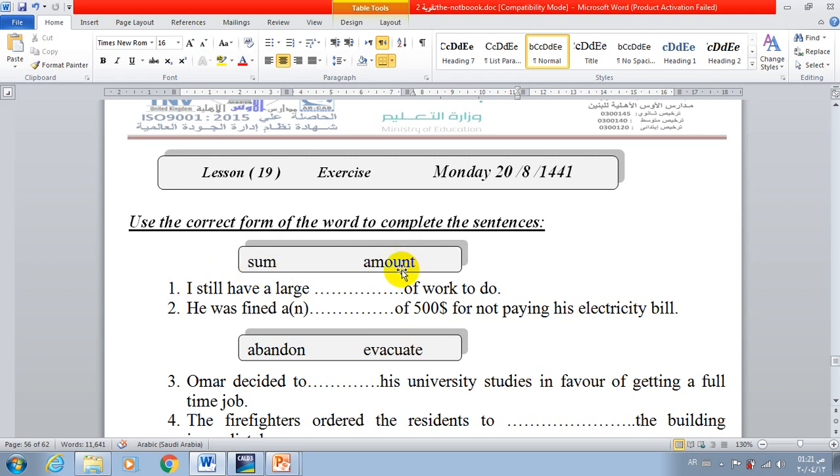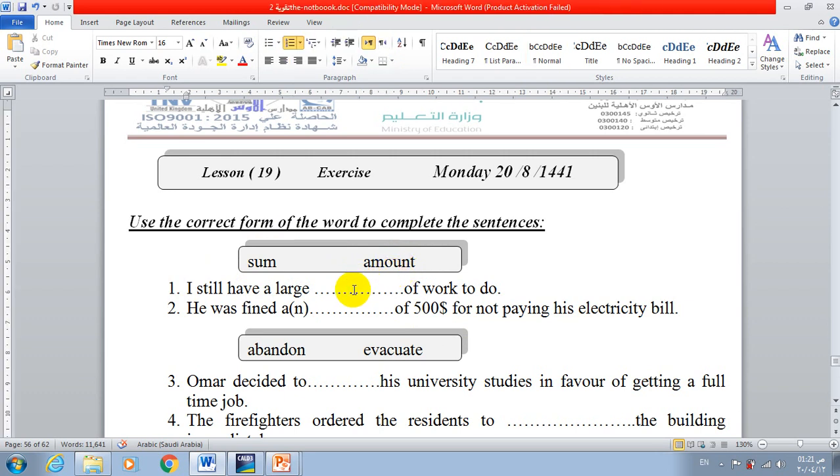And the word amount is a collection of something we cannot count. So, what is the right answer for number 1 and for number 2? Good. Number 1 is the word amount, and number 2, the word sum.